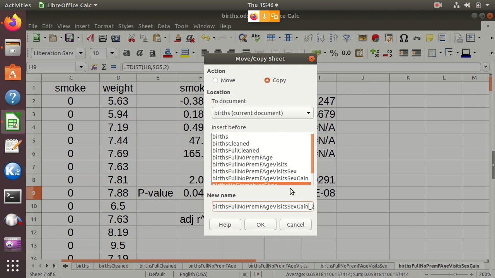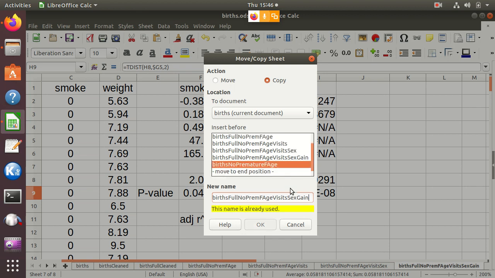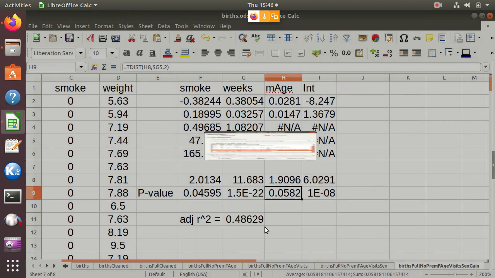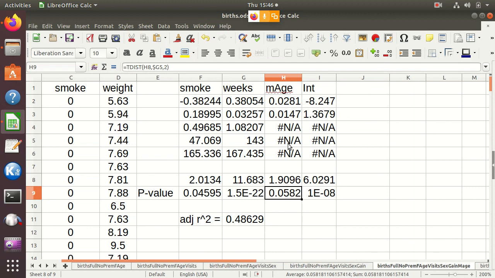It puts a 2 on it because I'm making a copy of it. Now I've said no and gotten rid of all these things. And the last thing I'm getting rid of, what the heck was I getting rid of? Age. Yeah, mother's age. So mother's age, and I say okay, and it makes that copy.